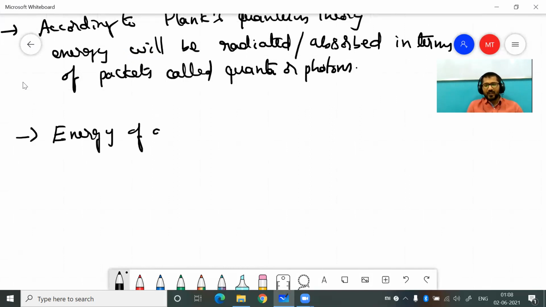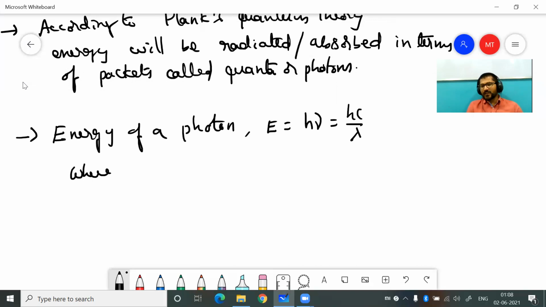E equal to h nu, or hc by lambda, where h is Planck's constant, nu is the frequency of radiation, c is the speed of light in free space, and lambda is the wavelength of radiation. h is Planck's constant, and it is a universal constant.